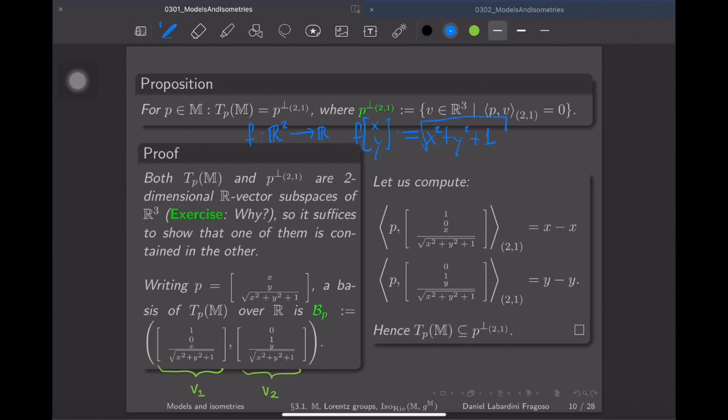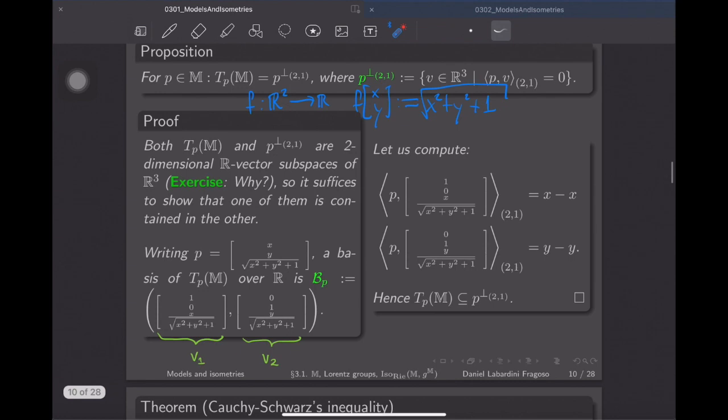Because if in a calculus of 2 variables course they ask me to compute the tangent plane to the graph of this function at any point, then my point on the plane would be just (x, y). The point in the hyperboloid would be this one, so it would be the point on the graph.